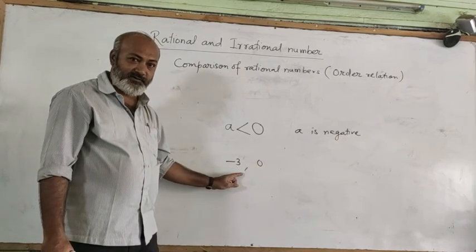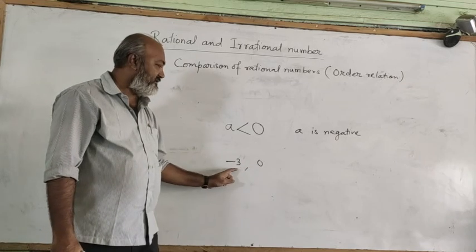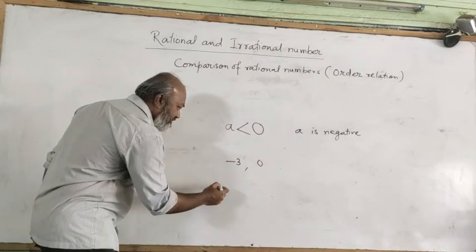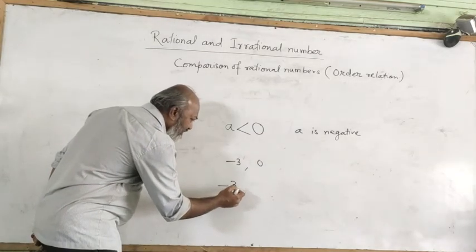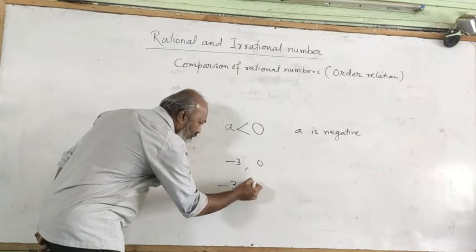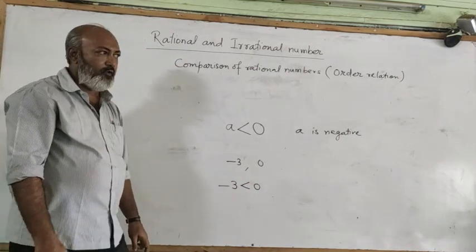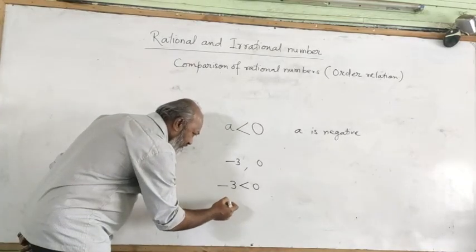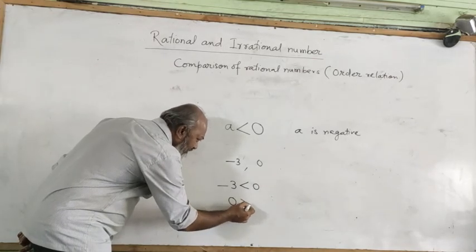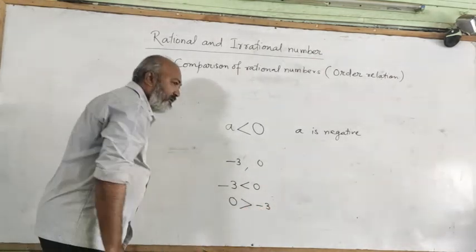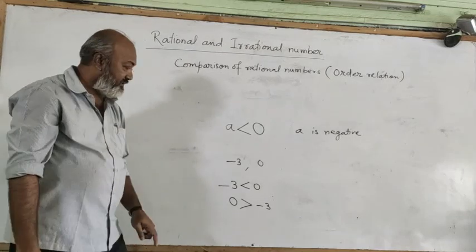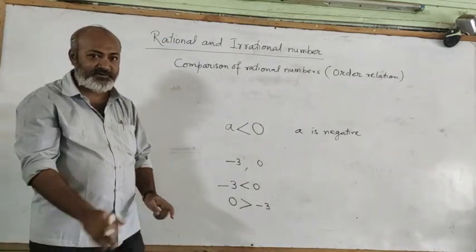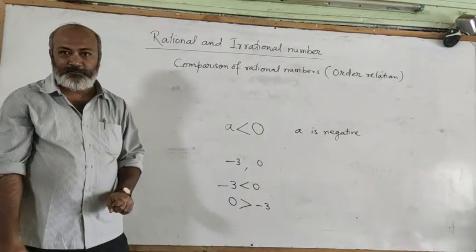So you can make the comparison: in mathematical symbols, you can write -3 is less than 0. This is the comparison. All negative numbers are less than 0. In another way you can write 0 is greater than -3. The same statement is written like this.